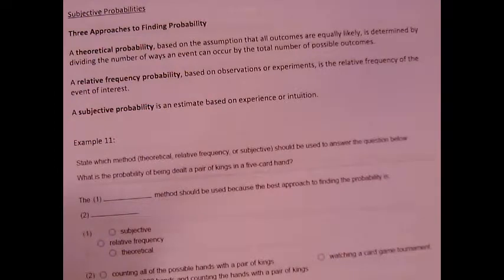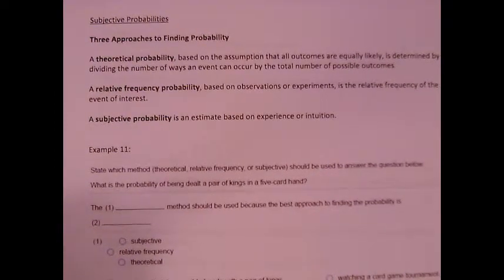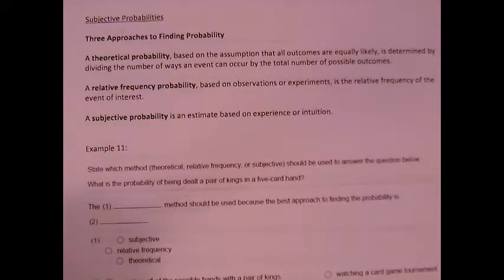All right, next we'll look at subjective probabilities. Now, already we talked about two different types of probability, or two approaches for finding the probability. One of them, of course, is the theoretical probability, which is based on the assumption that all outcomes are equally likely.